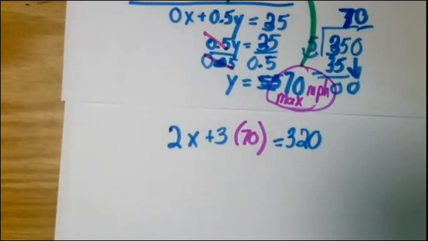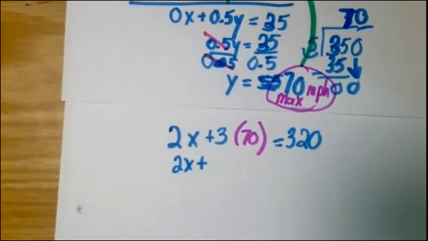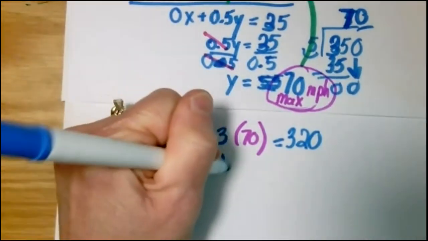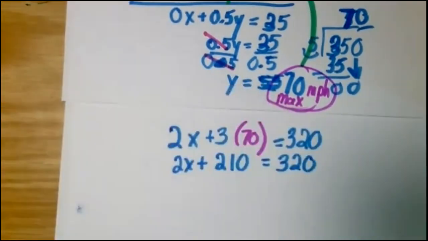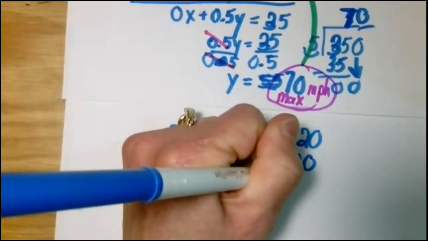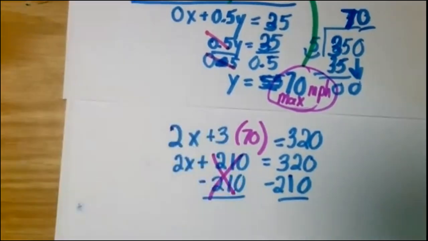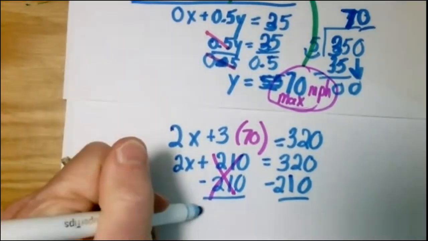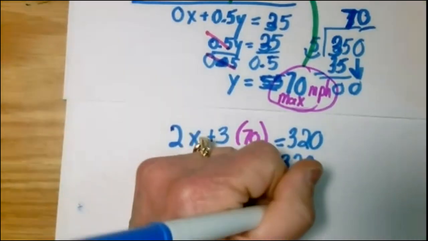Multiply first, order of operations. 2x plus 3 times 70, 210, equals 320. Subtract 210 from both sides. These cross off and become zeros. I'm left with 2x equals 320 minus 210.